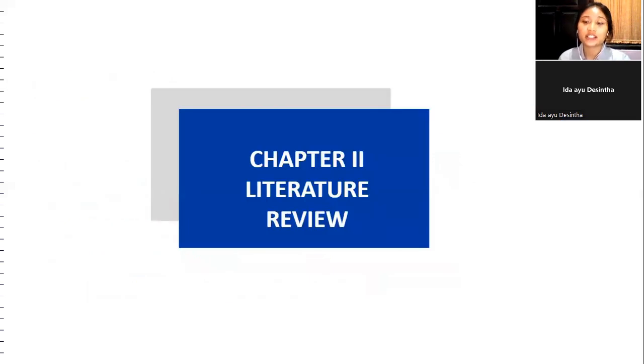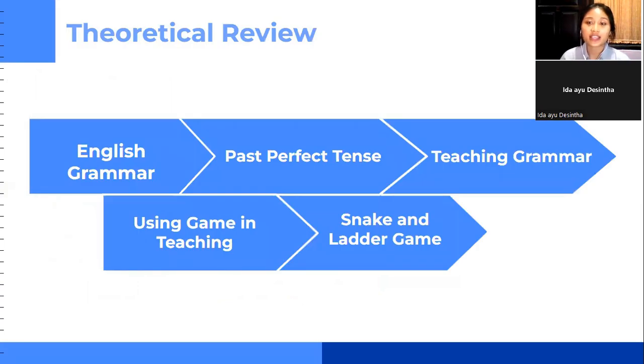Chapter 2 is the literature review. In the theoretical review, I will start to explain the theory related to English grammar, which is also supported by other experts' opinions. Next, I will explain theory about past perfect tense from its definition, the sentence's rule structure, and also the examples of sentences using the past perfect tense form.